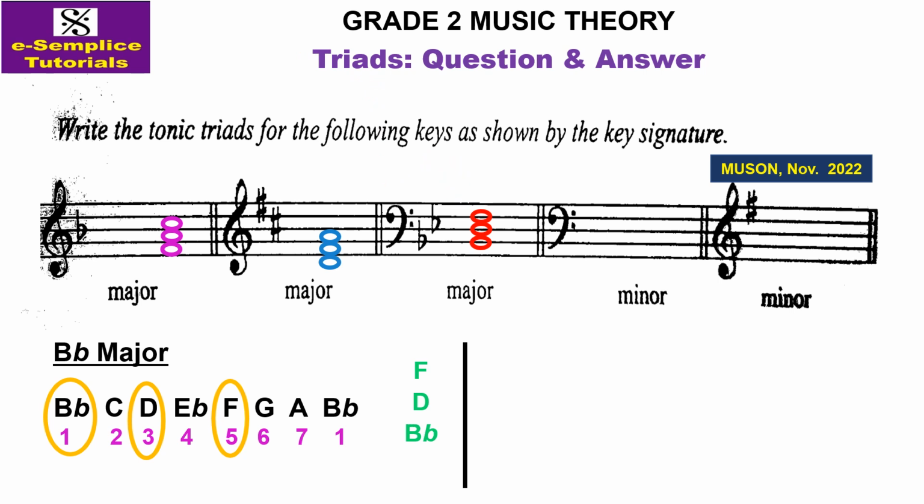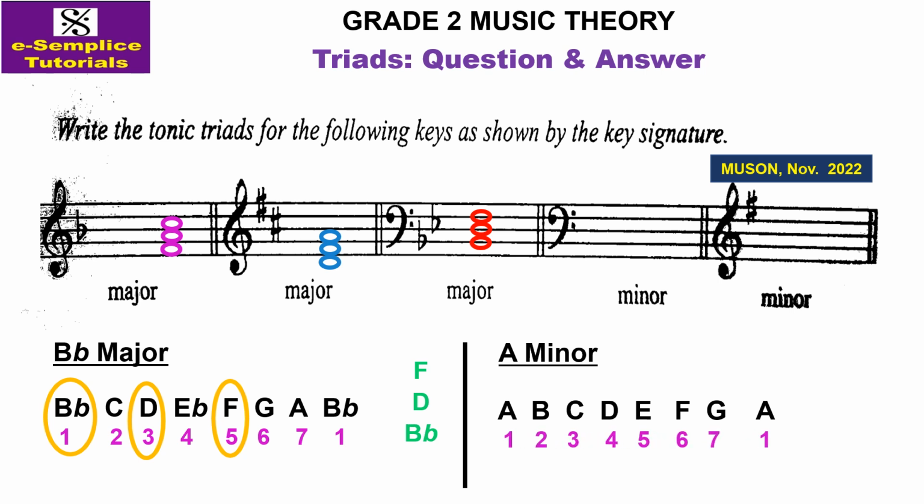F. Now the next one is a minor key, and a minor key with the signature given, that is no accidentals whatsoever, is A minor, which is the relative minor for C major. As usual, the notes in A minor scale, the degrees of the scale.